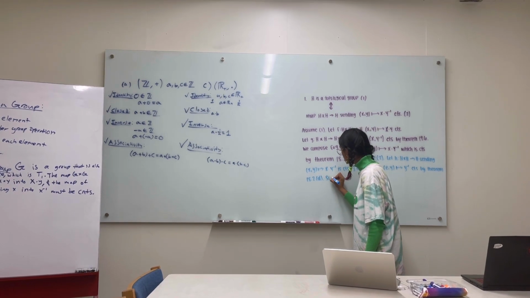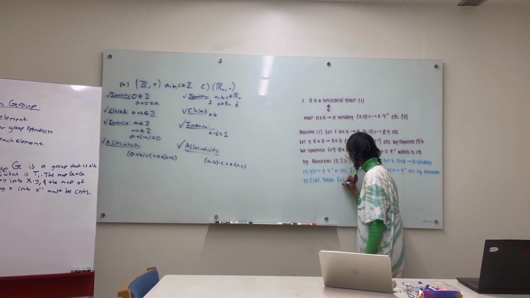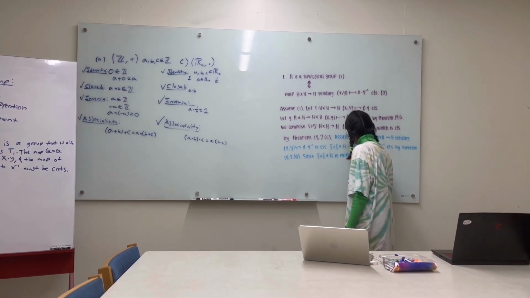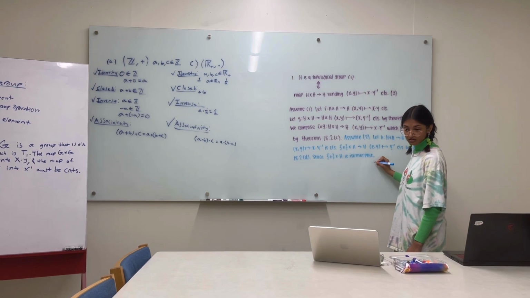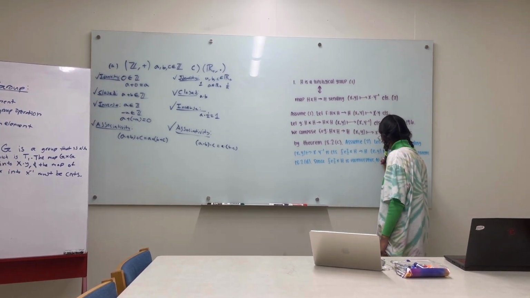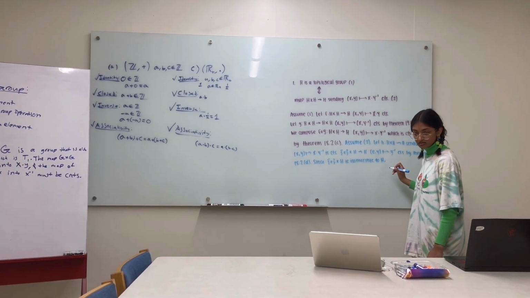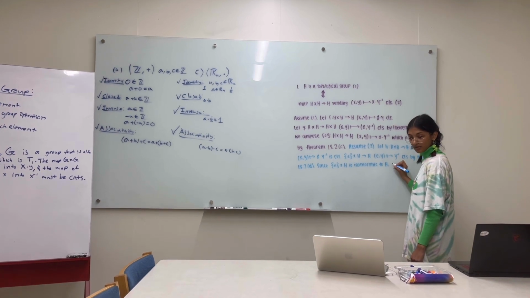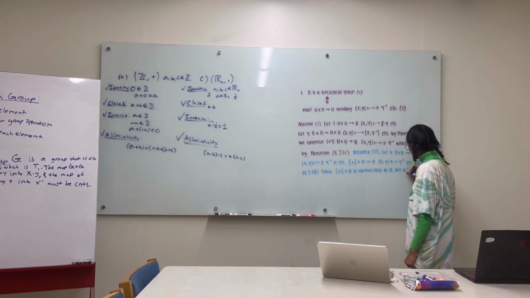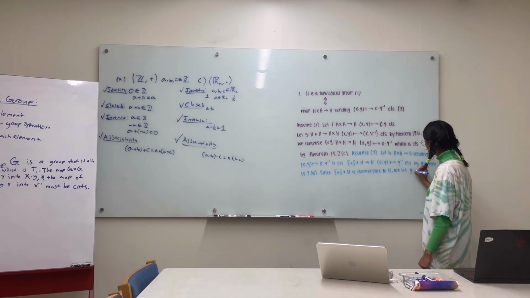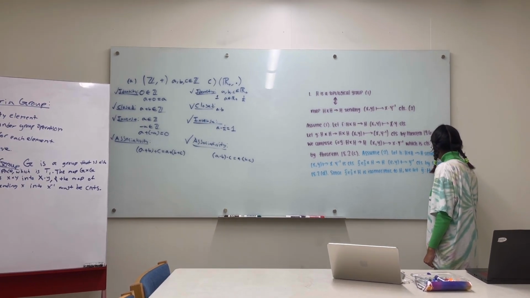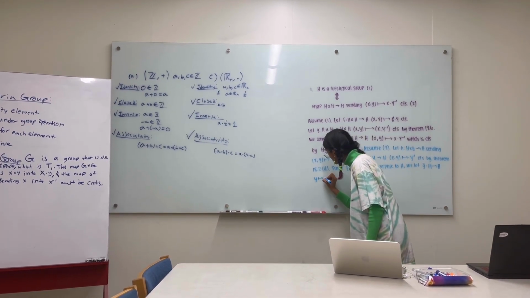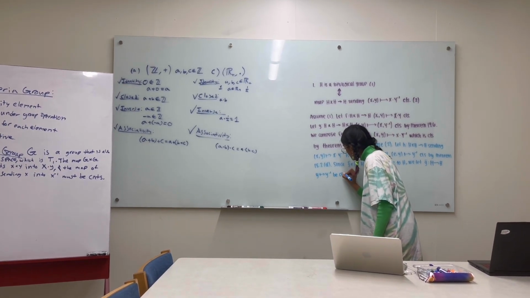Then, since our restriction is isomorphic to H, we let the map be continuous as well.